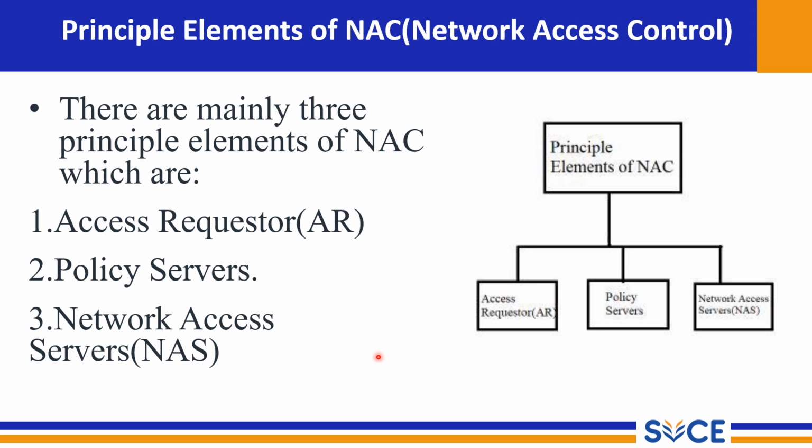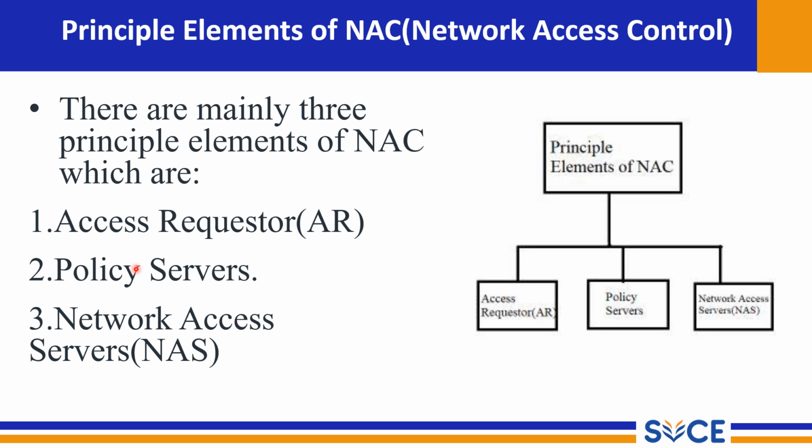So let's look at them one by one now. First one is the access requester. So we may determine from the name that this is someone attempting to gain access by requesting it. This access can be granted to any entity such as a device, person or a process, and this entity attempts to get access to the network resources.